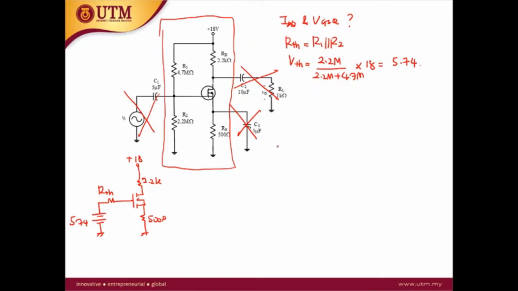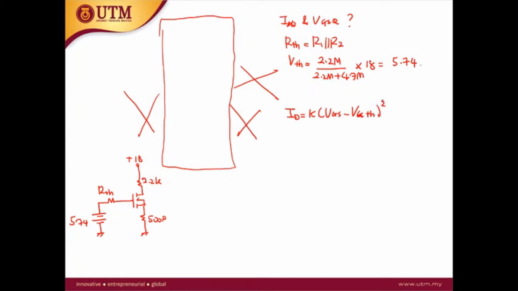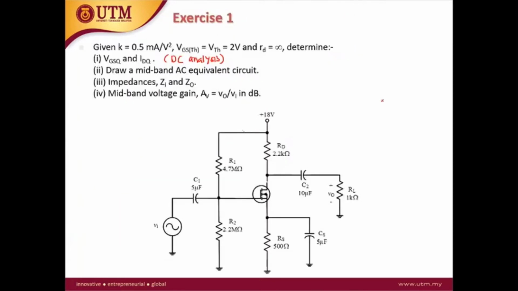The next step is you define the transfer equation. The transfer equation is ID equals K times (VGS minus Vt) squared. The K is given as 0.5 milli, and the threshold voltage is 2 volt.